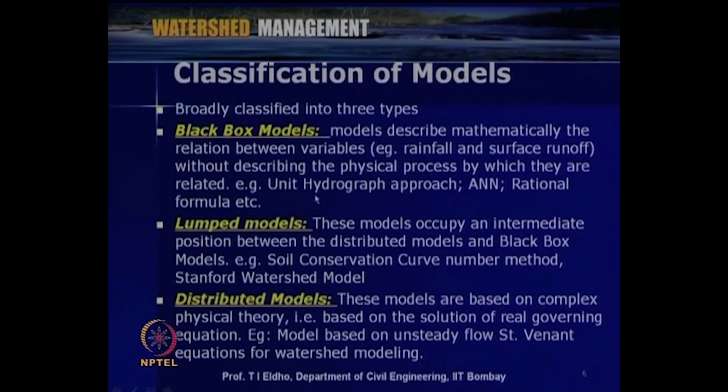And then the next type of model is called distributed models. So, for these distributed models, a number of different types of models are available. In distributed models, we consider all the physical processes taking place within the watershed.